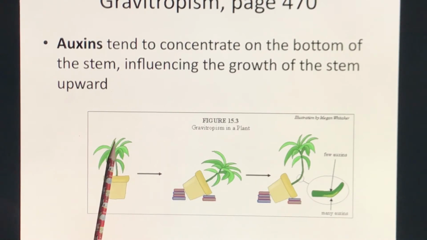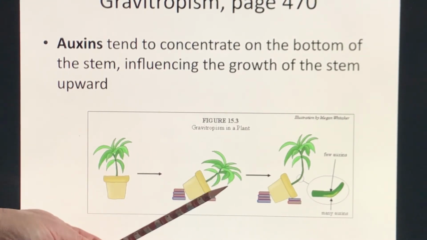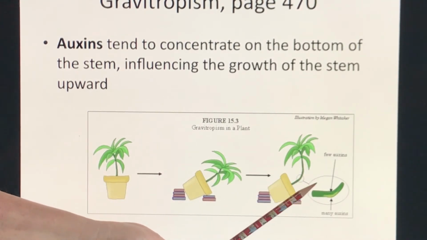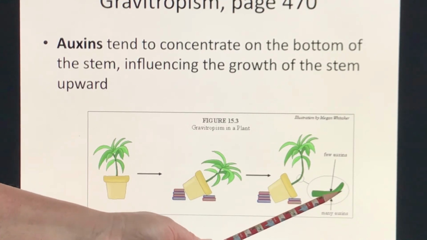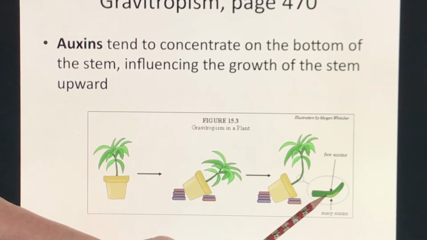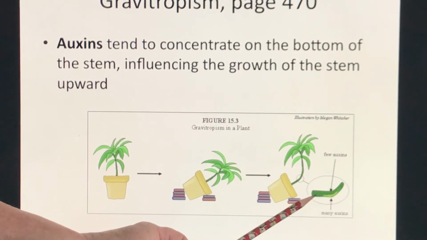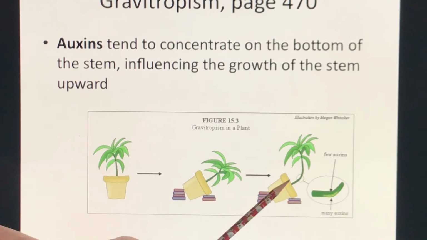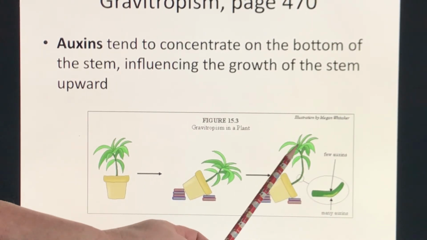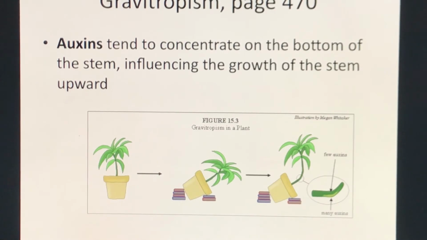So if a plant has been turned and the auxins have settled onto this bottom surface, then the cells on this side of the plant are going to grow faster than the ones on the inside. Imagine a racetrack, right? They're coming around, and that will influence the plant's growth to be upward, and in this case closer to the light.